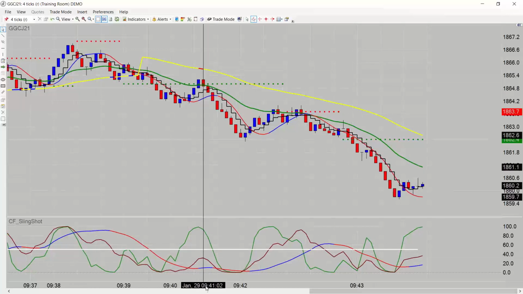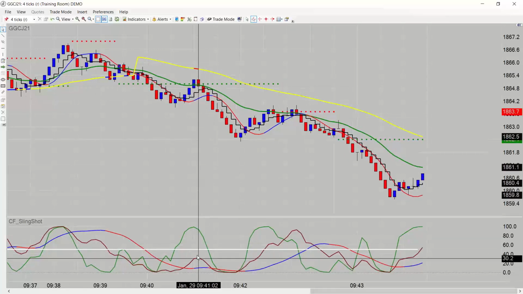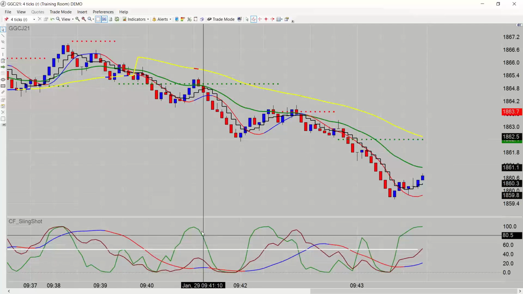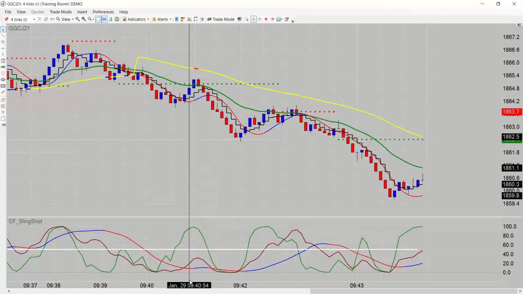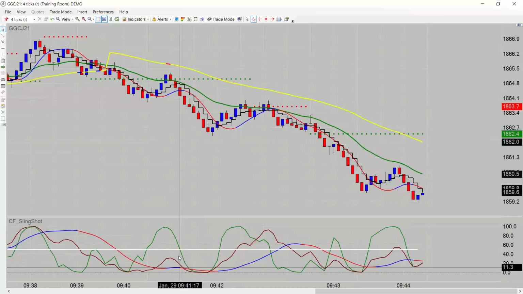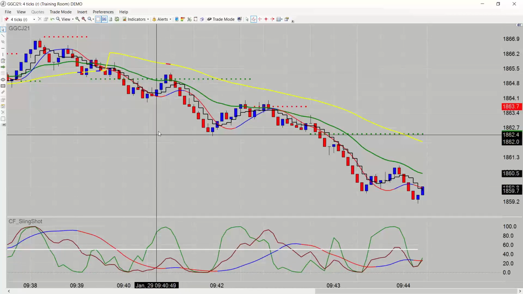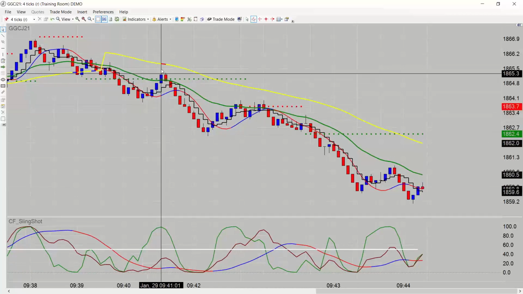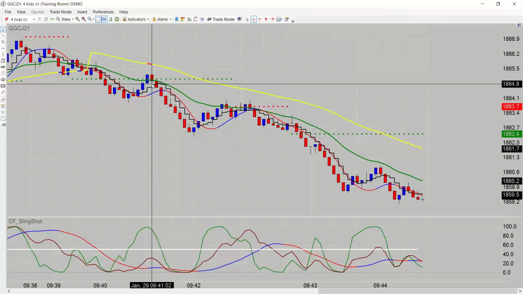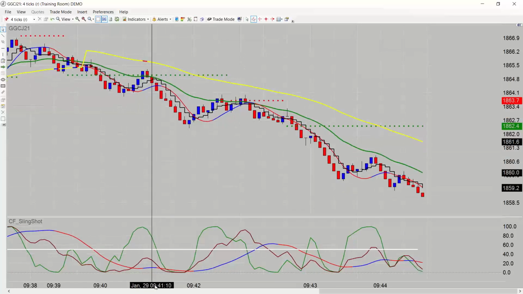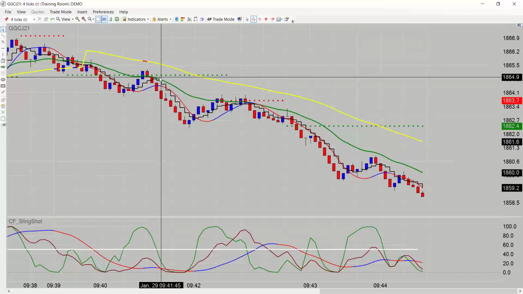And then we go down here into the slingshot, and we're looking for bearish separation. So we're looking for the green line to be above the cycle, which is the red and blue line. When we have those 3 pieces, the trend, the color, and the close, we go short.